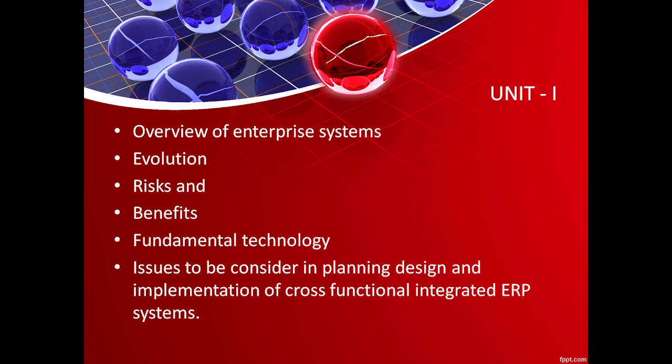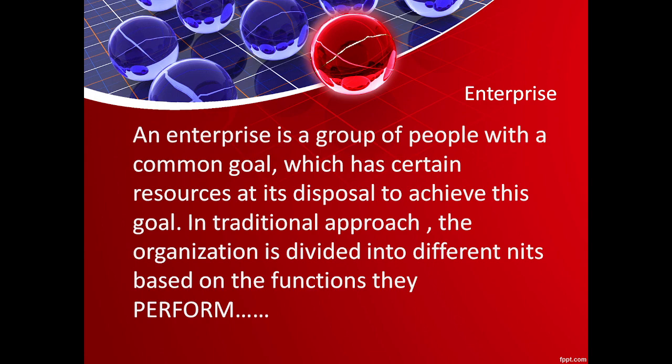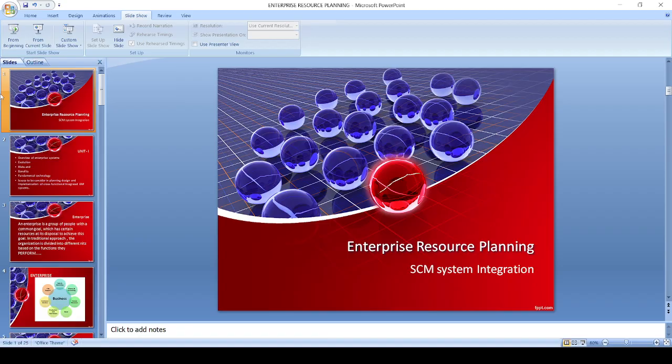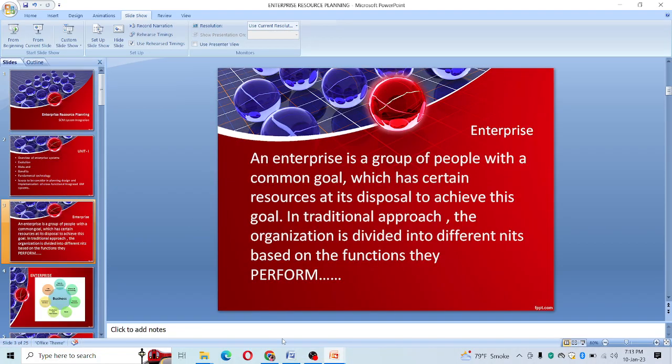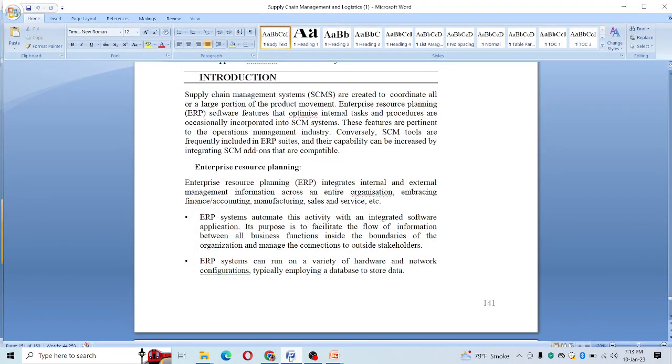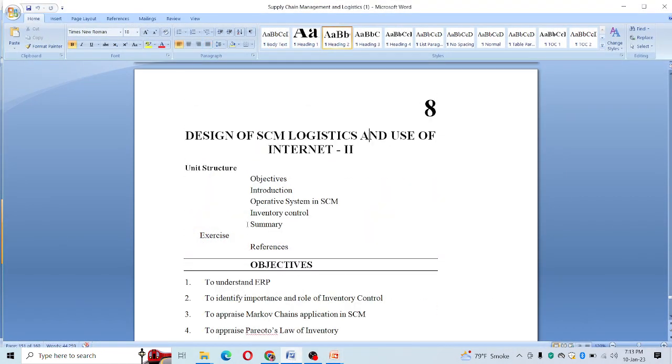Now, what we are going to study in this particular chapter is based on certain premises. We have to study about the operating system in SCM, which will comprise ERP and Markov chain, and also inventory control, in which we are going to learn about the role and importance of inventory control and Pareto's law of inventory.